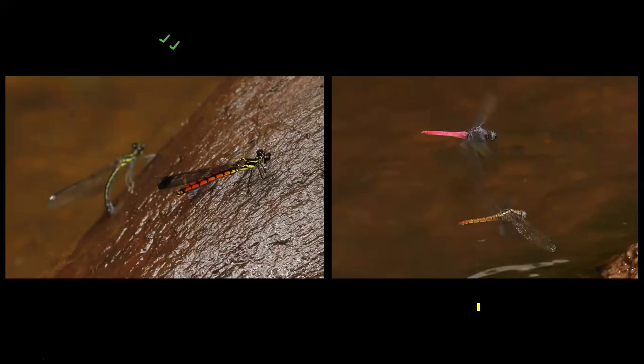Because of this risk, usually the male guards the female until the oviposition is complete, to ensure that the sperm it has released onto the body of the female is used for the egg laying process. Otherwise, it will be a waste of energy on its behalf, and it won't create any offspring from its own sperm.